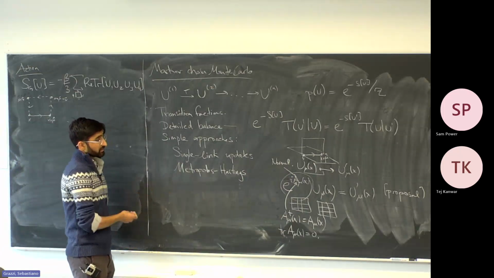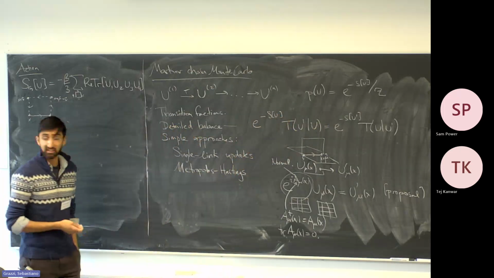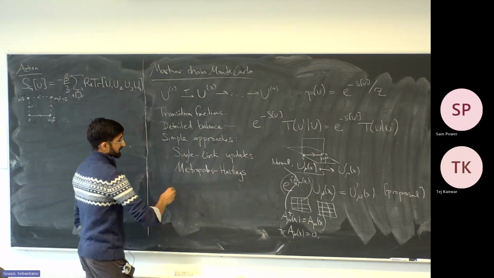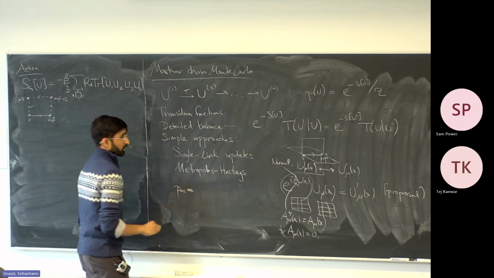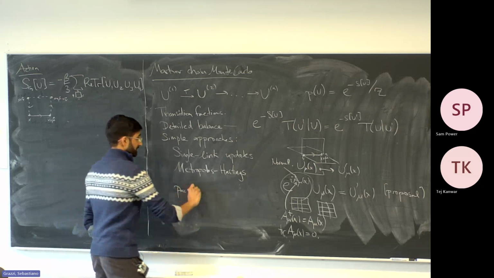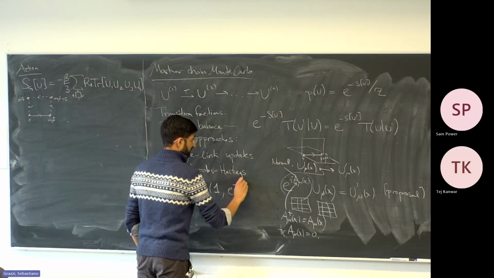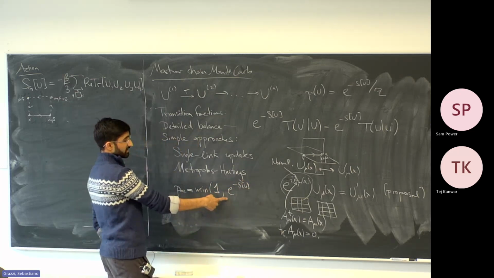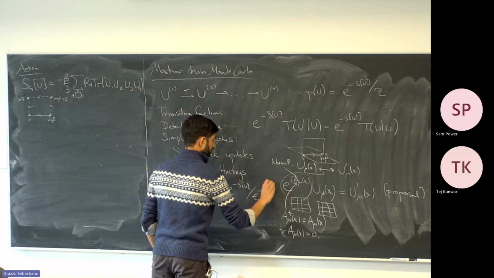So then, of course, we must deal with the fact that by itself doesn't satisfy this detailed balance condition. So we should apply some kind of acceptance probability. And the appropriate probability for such a symmetric proposal is simply given by the ratio of the probability of the new variable divided by the probability of the original variable.